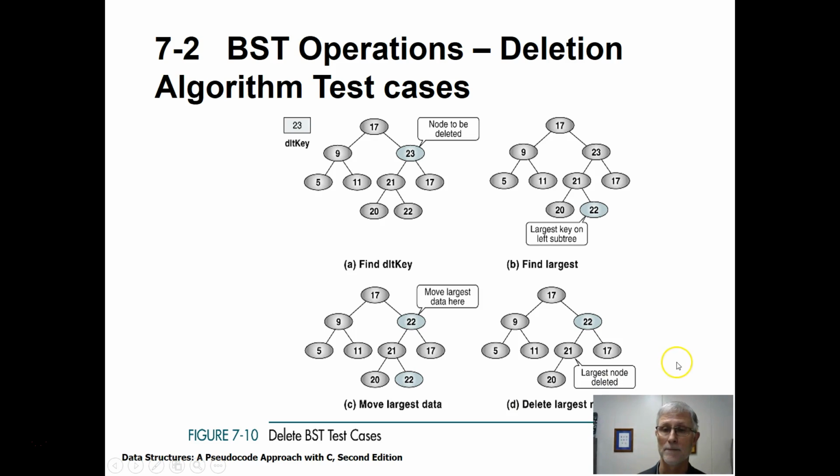So you find the item you're going to delete. You follow to get to the largest node. Copy it, move it to the node you're deleting. That's what you've got here. Now I've got two copies here. And now go back and delete the one you copied.